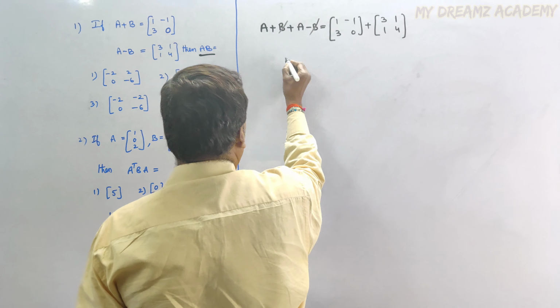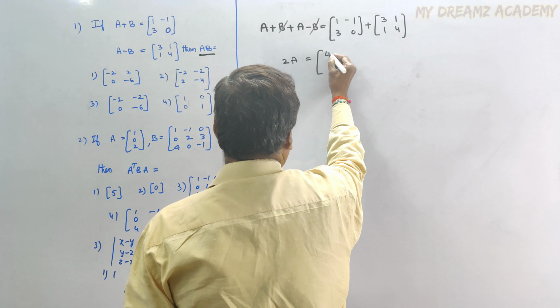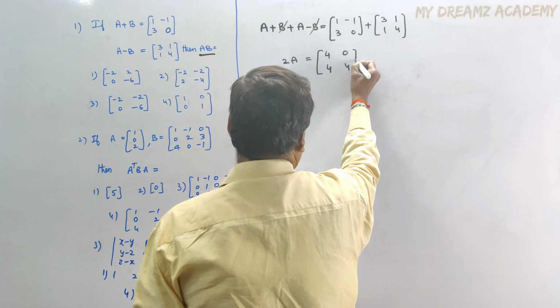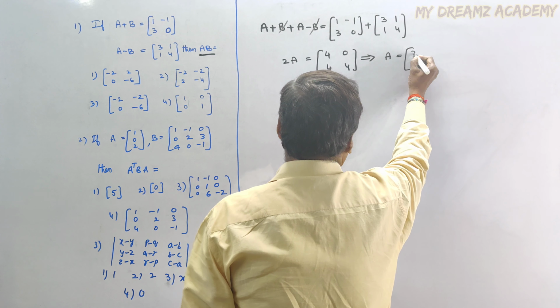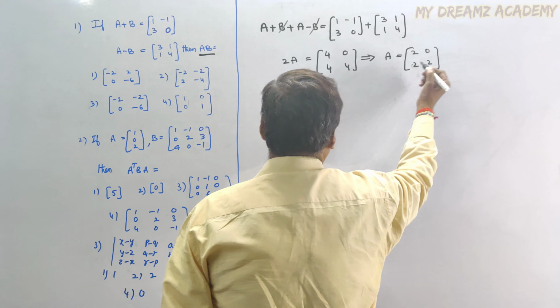B and B cancel. 2A is equal to, add these two, 1 plus 3 is 4, minus 1 plus 1 is 0, this is 4, this is also 4. If I divide with the 2, A is equal to [[2, 0], [2, 0], [2, 2]], this is A.